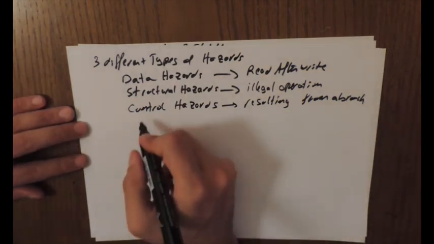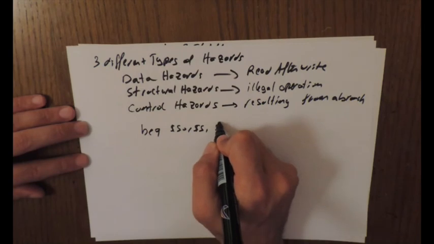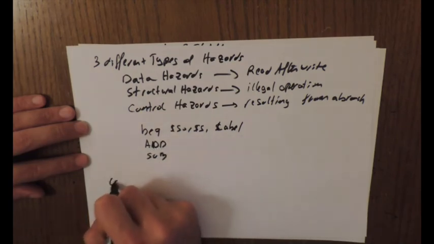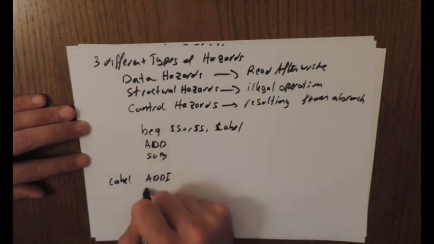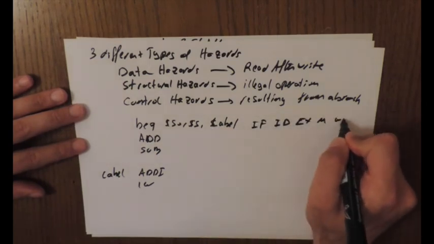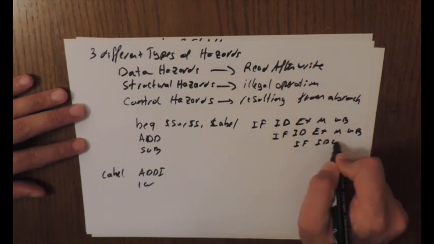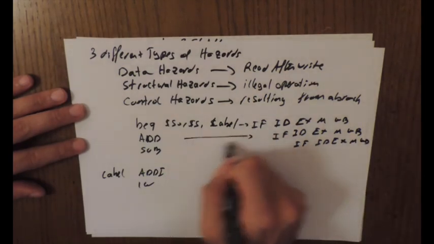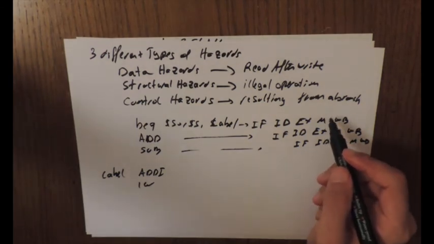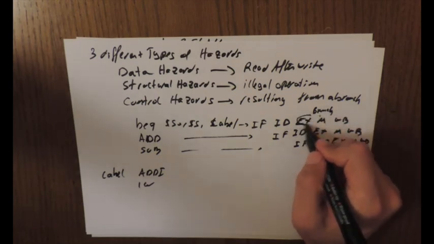So of course, when you have a control hazard, we have something like a branch if equal $S0, $S1, label, and then say we have an add, subtract, then at label I have, let's say, add I, load W. So what happens is that when I'm doing the scheduling, when I want to detect that there is a branch, actually the branch is taking the decision at the EX memory stage.